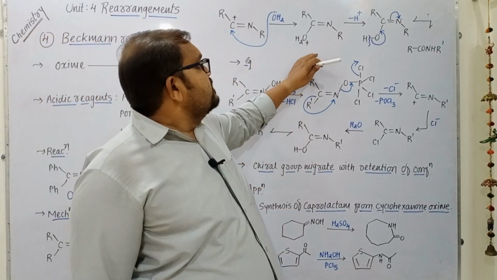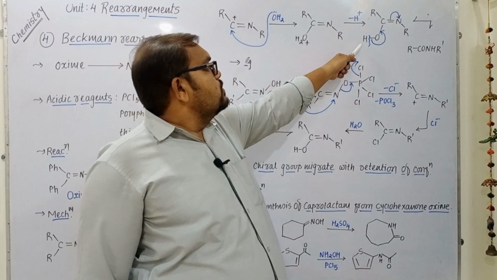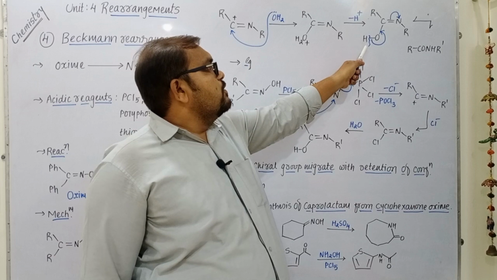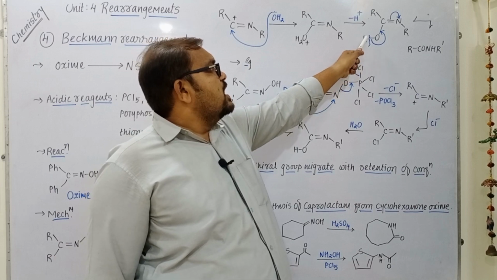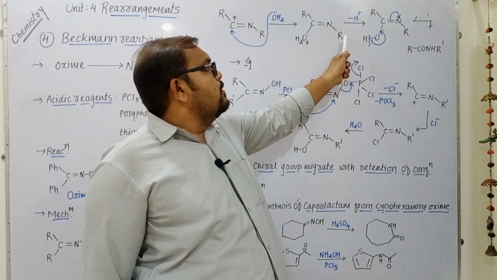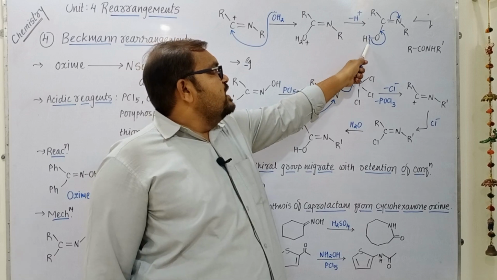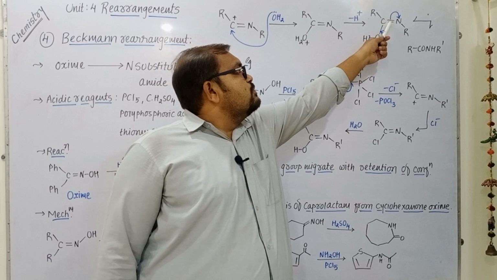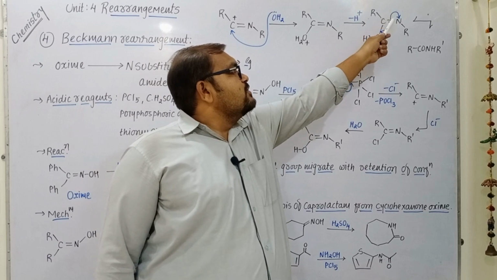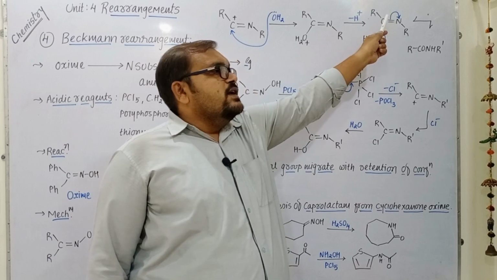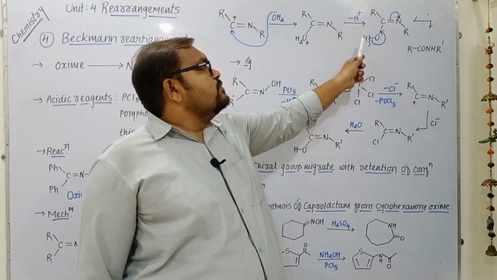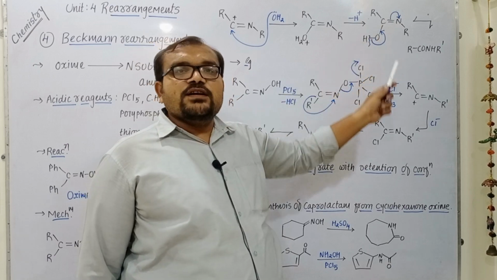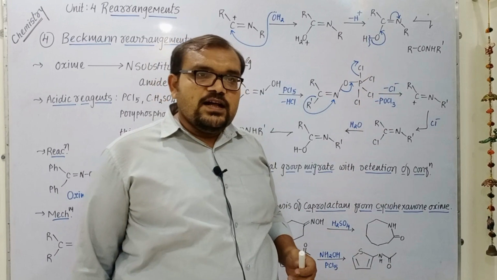Now this intermediate will lose hydrogen to give OH, and from this intermediate this hydrogen will be lost in the form of H plus. This bonding pair will be shifted between carbon and oxygen, this bonding pair will be shifted over nitrogen and nitrogen will get a negative charge, and this proton may attach to this nitrogen to give our desired product, that is N substituted amide.